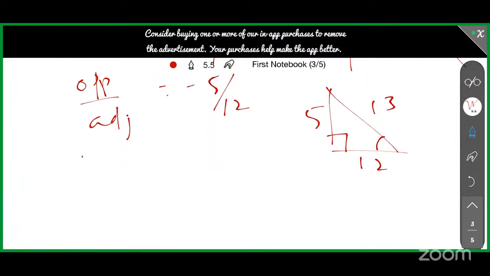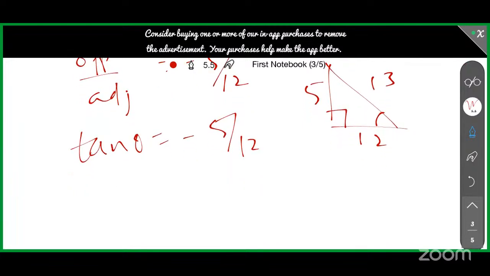Now they are telling tan theta is equal to -5/12, with the sign. What is sin theta equal to? 5/13. Cos theta is equal to 12/13.